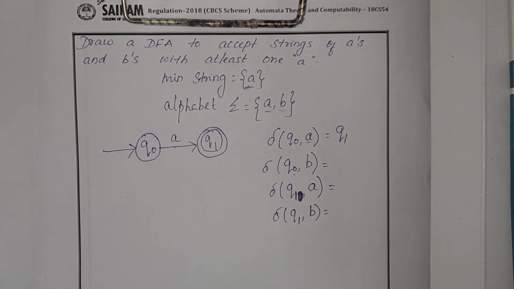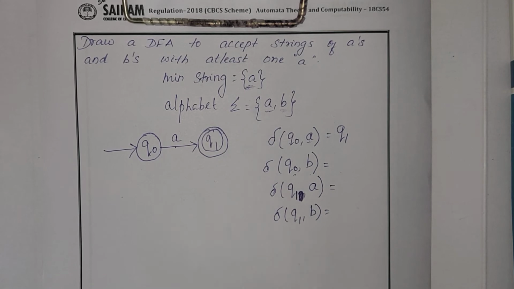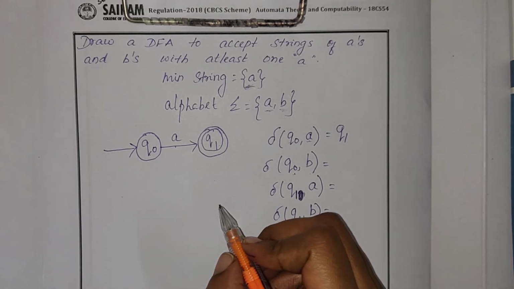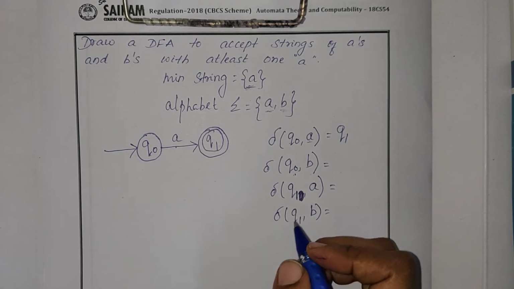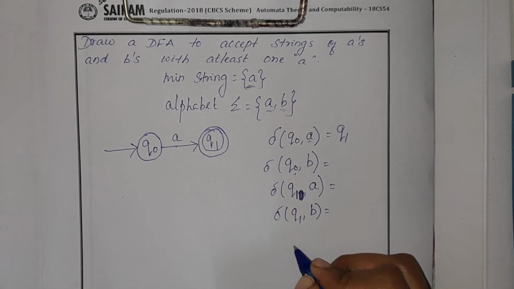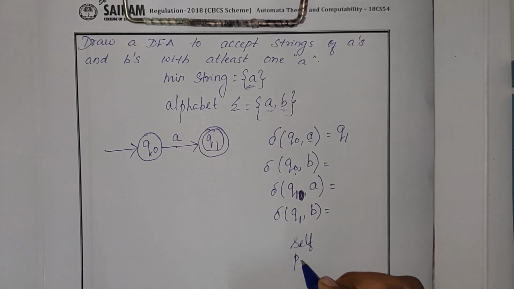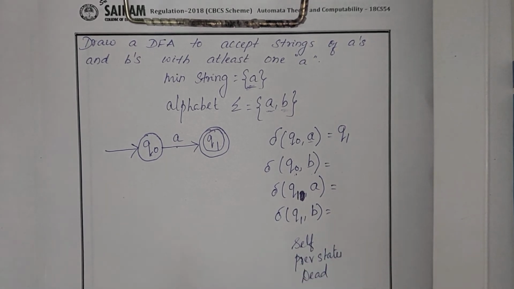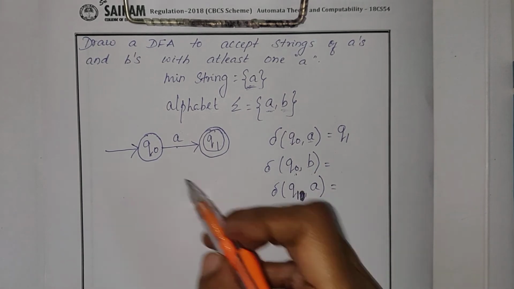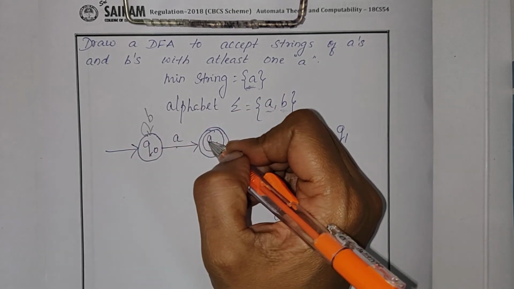So let us find Q0 comma B. As you know, while finding new transitions, I'll check for self first, then for previous states, and if the condition fails, I'll move to my dead state. So for Q0 comma B, I'll mark a self loop.